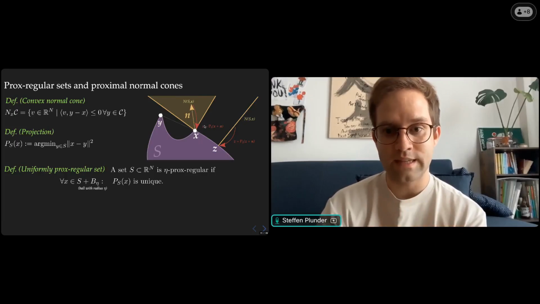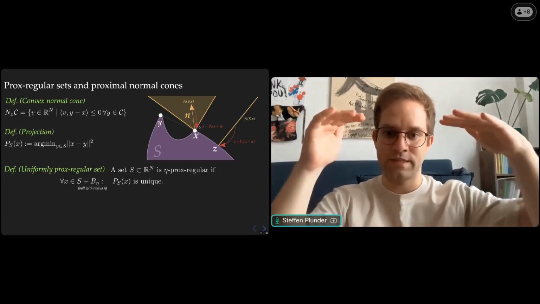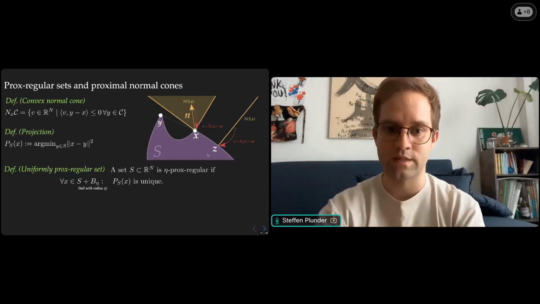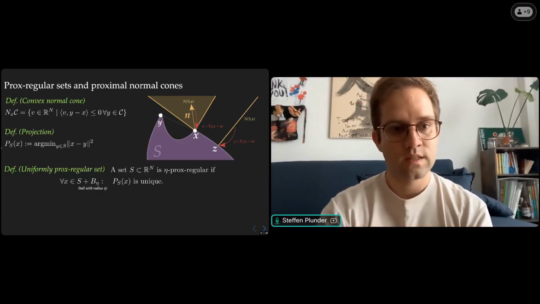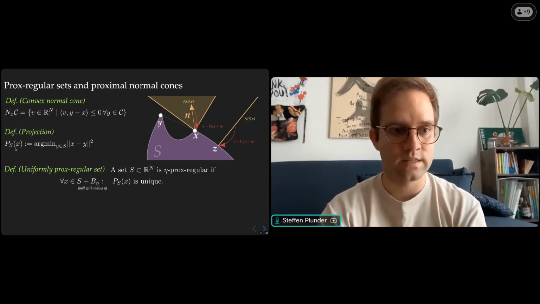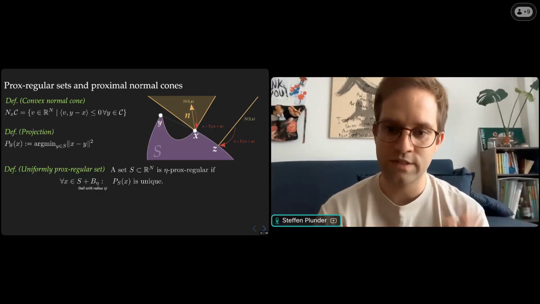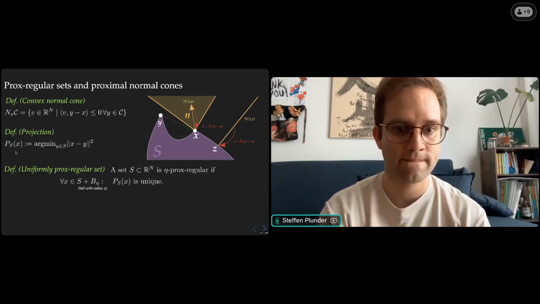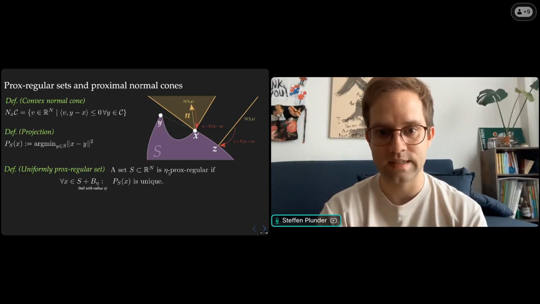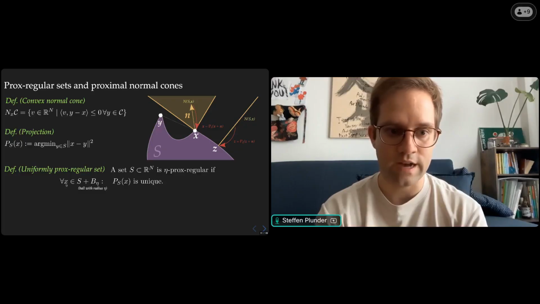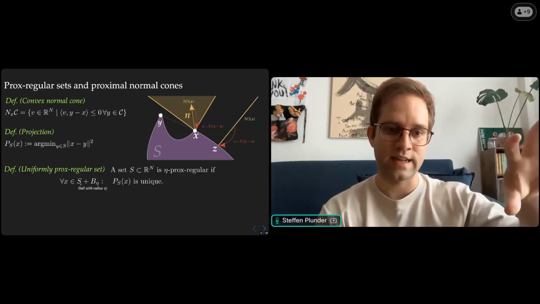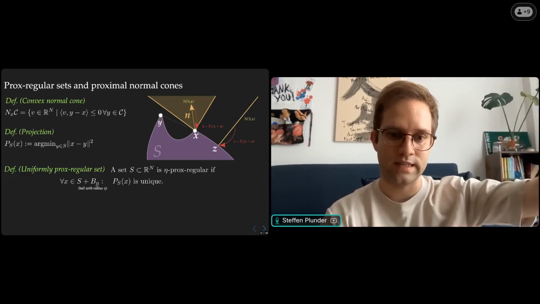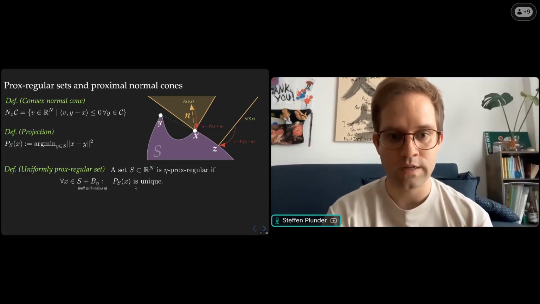So the idea of prox regularity came from wanting something like a convex set, but only in a small environment. The easiest definition: first I define the orthogonal projection, which we all know, writing the set onto which we project as a subscript. Then we say a set S is eta prox regular if for every x within distance eta of my set S, the projection is unique.